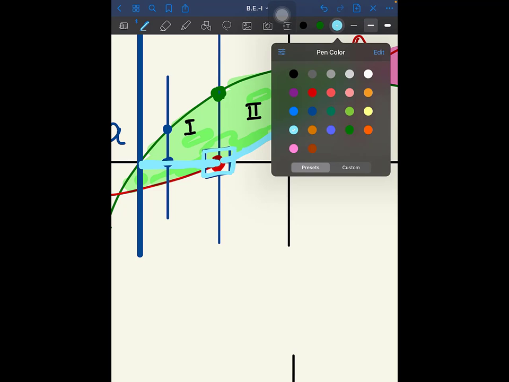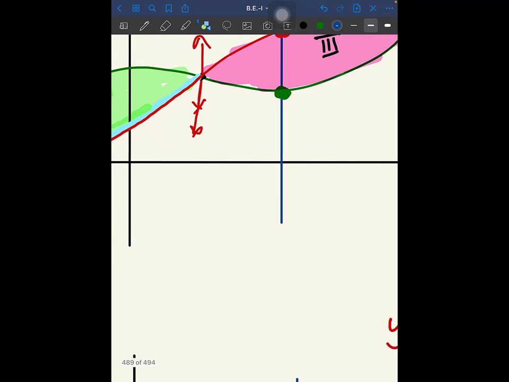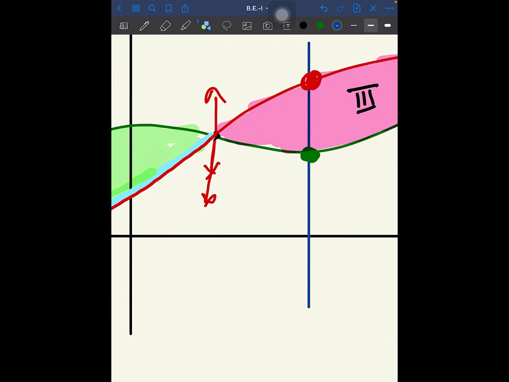So let me mark it again. This used to be our red curve, right? This way. So here, if you throw a vertical line into this, then your entering point is at the red curve and exit at the green curve. But this is a point of flip. Here the things got flipped.